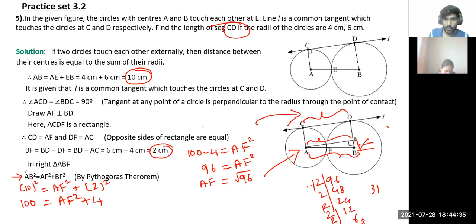From these pairs of 2 you take one each, multiply them, and 2 and 3, so 6. So the final answer is 4 root 6.